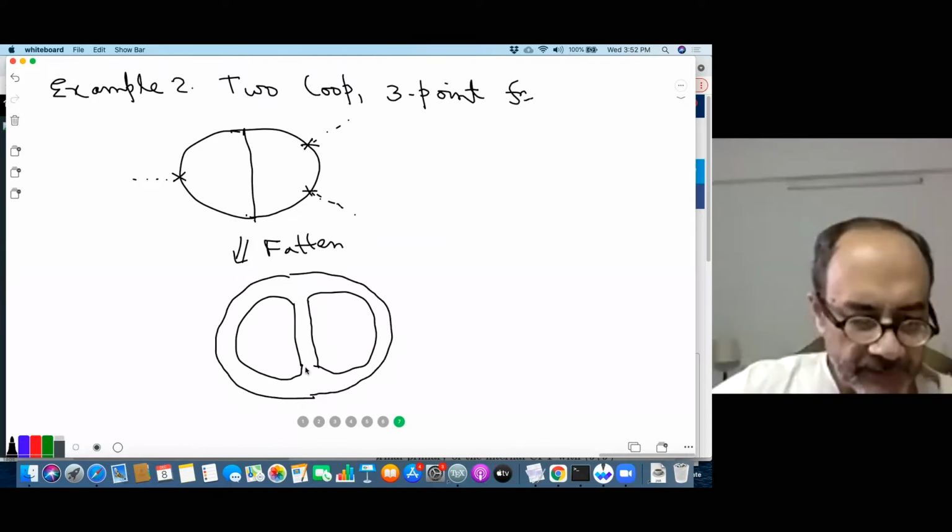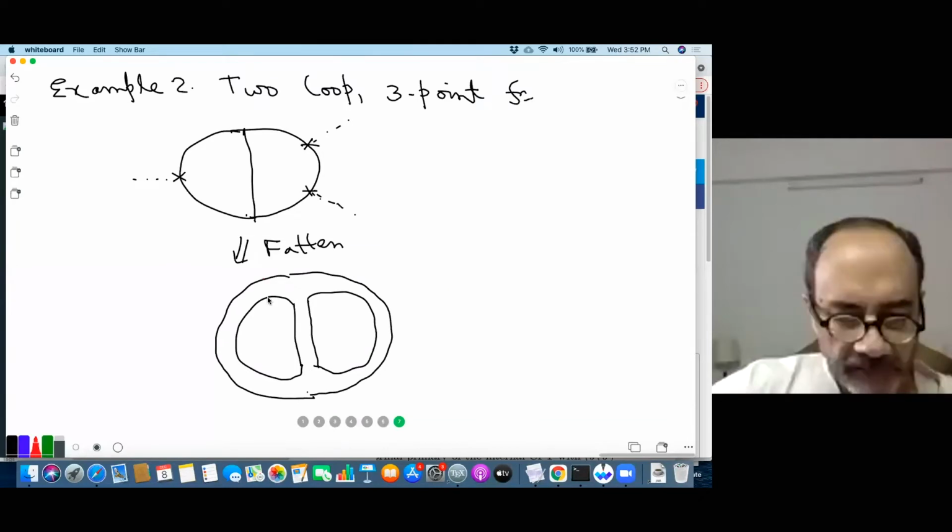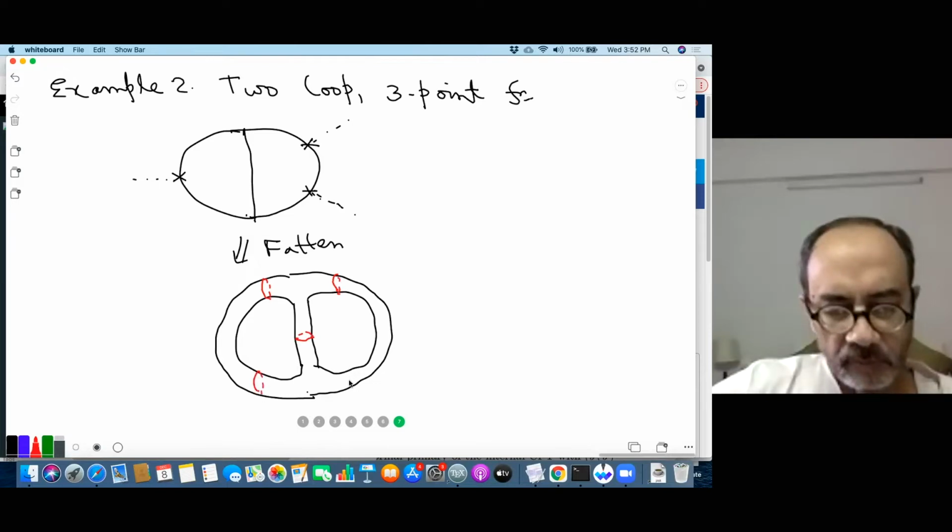So if we fatten it, it becomes something like this. Okay, again, each of these one should think of really as pipes. And then you have the usual 3 other points where the external lines attach to the surface. Okay. So this now looks like a genus 2 3-point function.